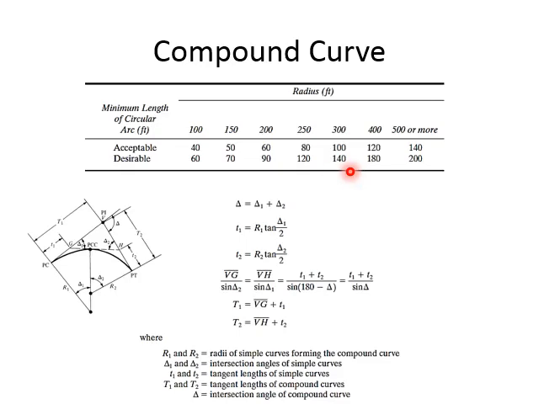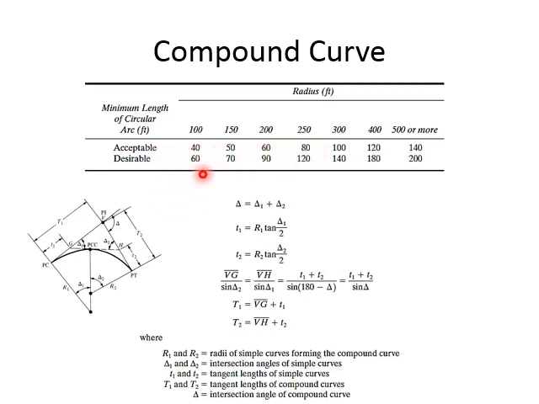Now the length of any single curve within the compound curve has these standards. Okay, so if your radius is this much, then you can have this much length of the curve. This is the radius. So you design the radius and then you can take the length of the curve from this table. So in this table you have acceptable lengths, which are these.